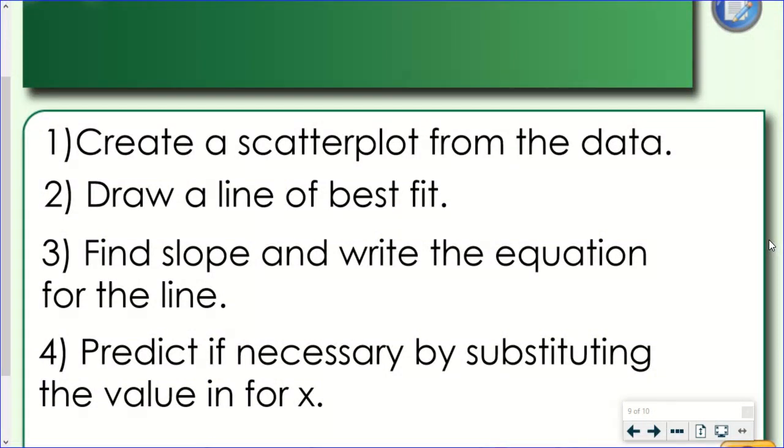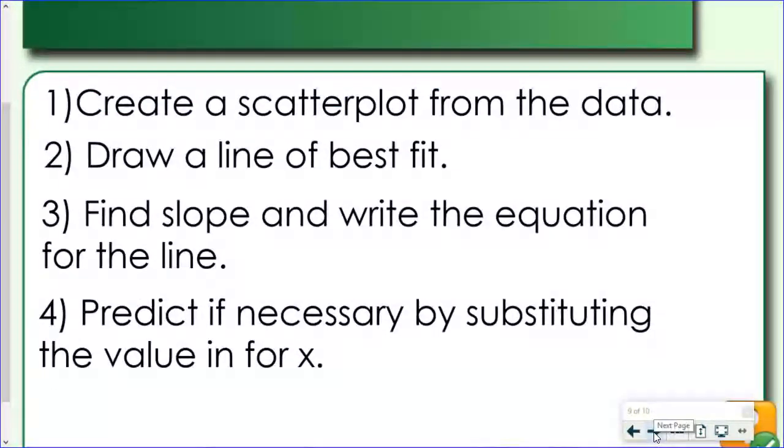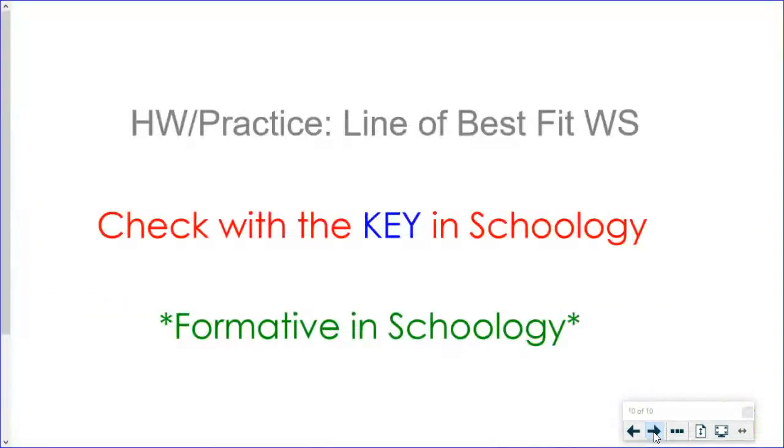But remember, first you have to find 2 points on the line of best fit, not 2 ordered pairs that are given, two on the line, to find the slope. Put them in point slope form, change to slope intercept form. And then predicting just means substituting in for x or sometimes y, like that was part D.